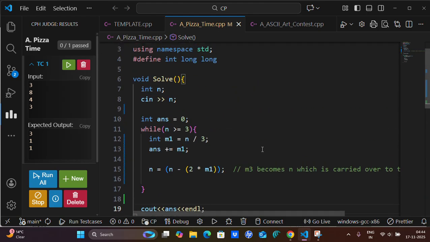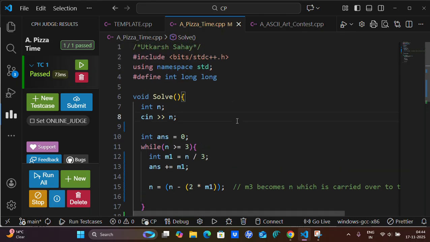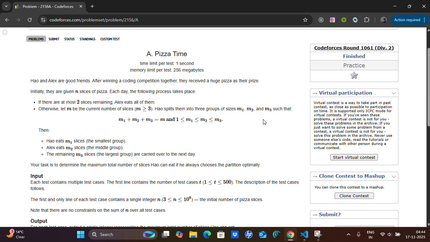Hopefully I think this will work. So let's check if it is passing or not, if everything is working fine or not. Let me check. Yeah, this is getting passed over here, so hopefully this will get accepted here also.